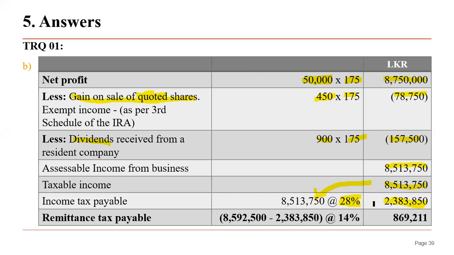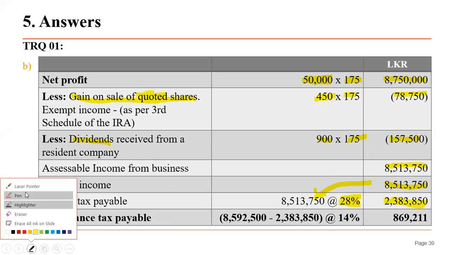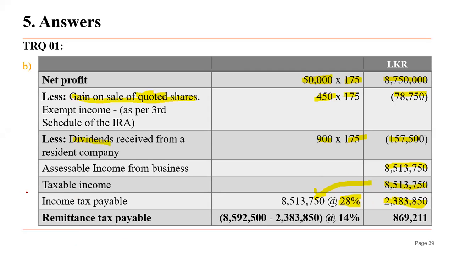Then how are you going to calculate remittance tax? How you are going to calculate remittance tax is also one important point. Are you going to take this amount here, or else this amount here?